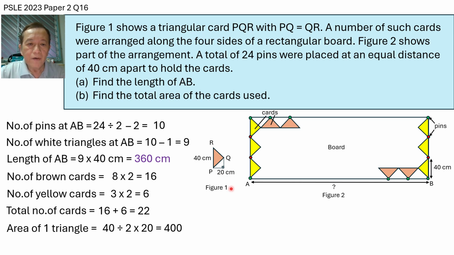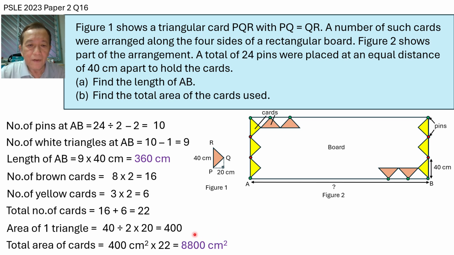So 40 divided by 2 times 20 equals 400. Find the total area of the cuts used. 400 cm squared times 22 equal 8,800 cm squared. Our answer.